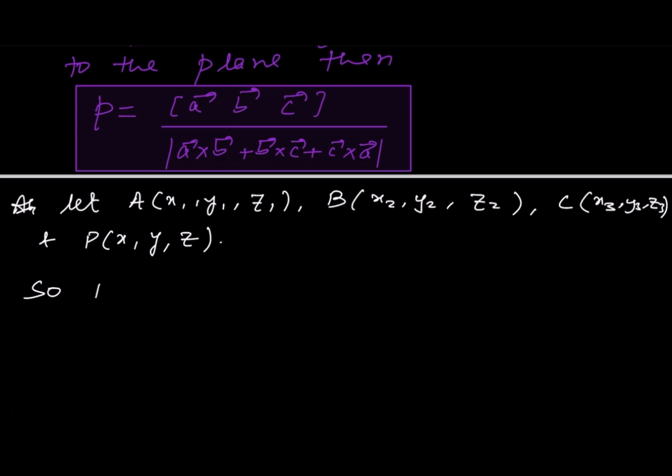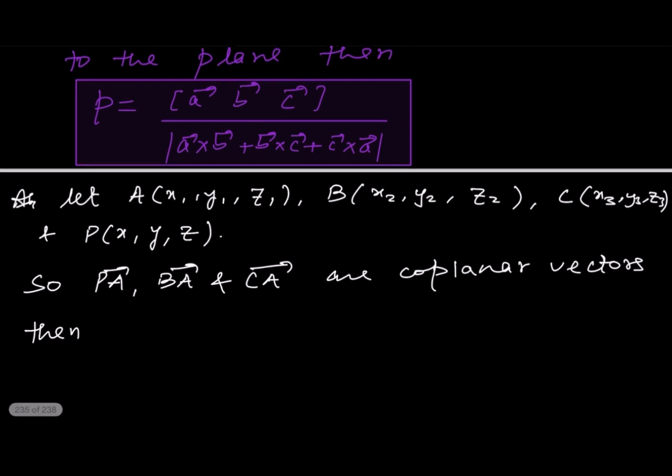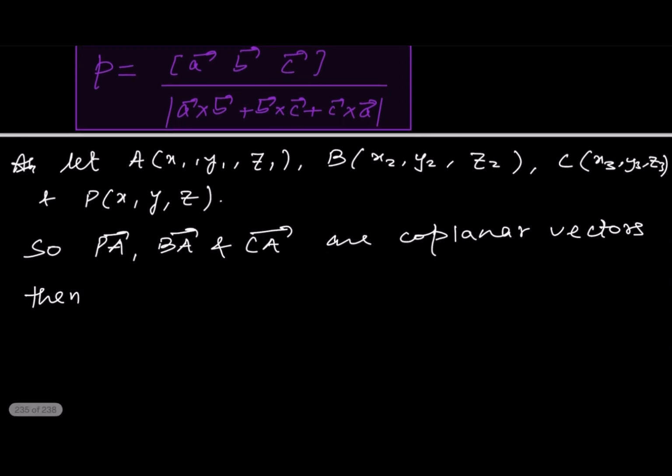Again PA vector, BA vector and CA vector are coplanar vectors. Then the determinant of PA vector, BA vector and CA vector will be 0 because the box will be 0.